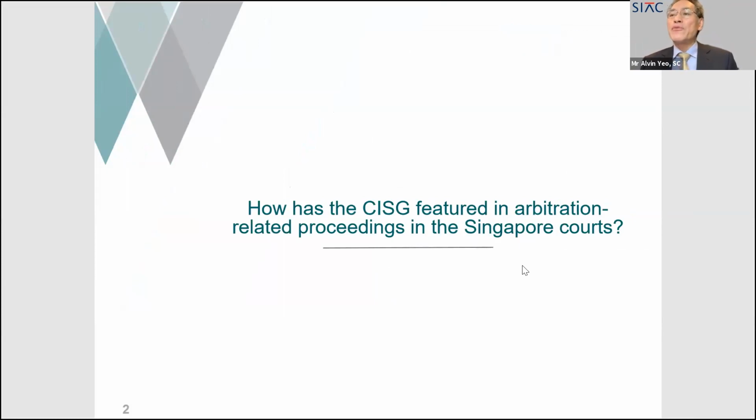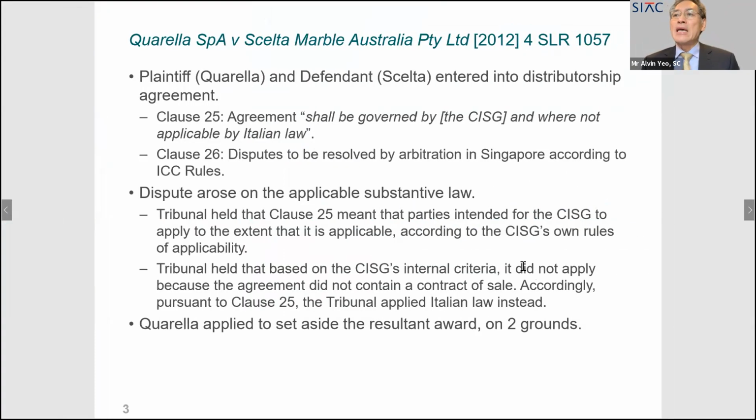I'm going to pick up on three cases where the CISG featured in the arbitral award. The first case is from 2012, involving a company called Querela, from Italy, and another company called Celta, an Australian company.